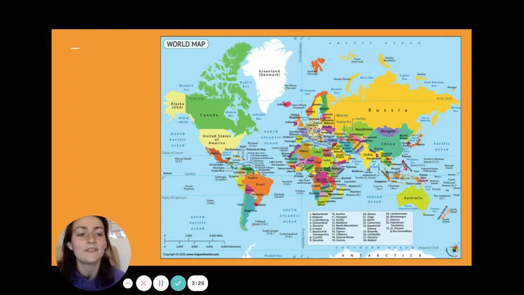Some other countries that still have kings and queens today are Cambodia, which is down here, Denmark, which is up here, Japan, which is this island over here, Malaysia are these islands down here, Morocco is right here, Norway has a king or a queen, Saudi Arabia has a king or a queen. So there are still a lot of places that have kings and queens today. And like I said, we are going to learn more and more about it.